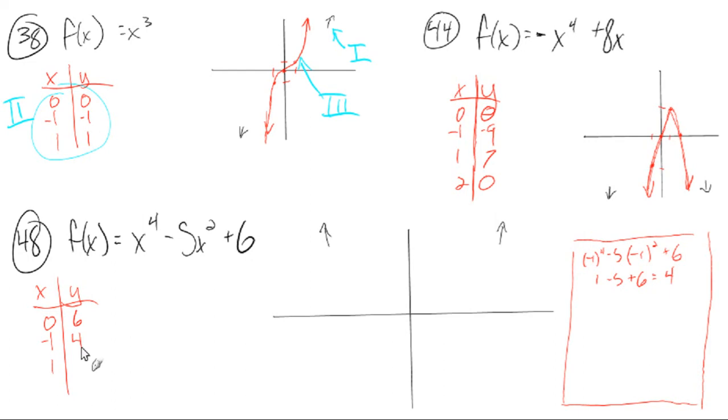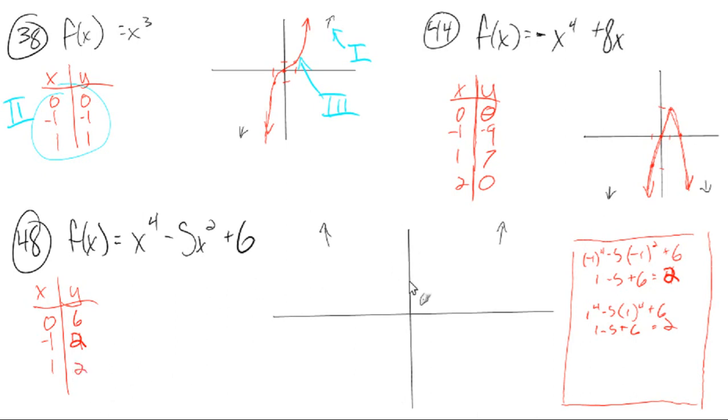No, sorry, 2. There we go. Put a 1 in there now. 1 to the 4th minus 5 times 1 squared plus 6. That's going to be 1 minus 5 plus 6, so also a 2.